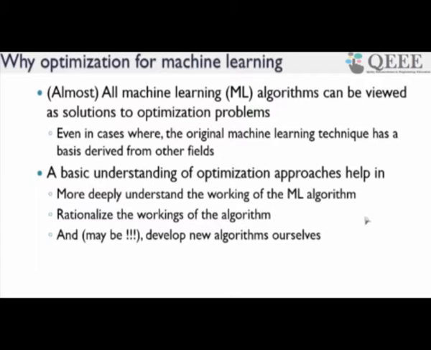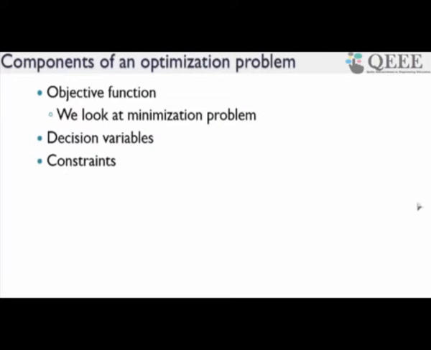You can think of all machine learning algorithms as solutions to optimization problems, even in cases where the original algorithm was not derived like that. Once you understand machine learning algorithms as optimization problems, you can more deeply understand their working, rationalize how they work, and maybe if you really get good at it, you can also develop new algorithms yourself.